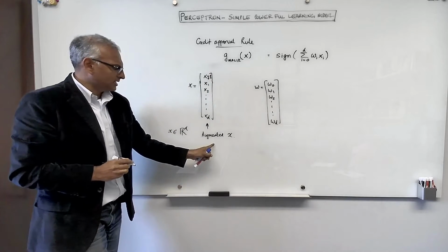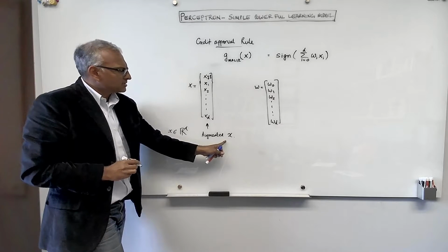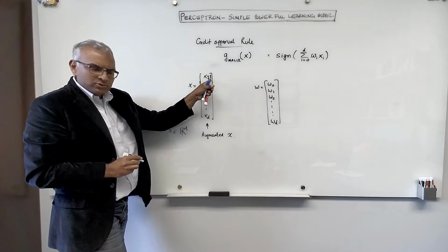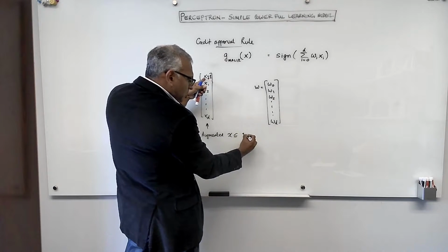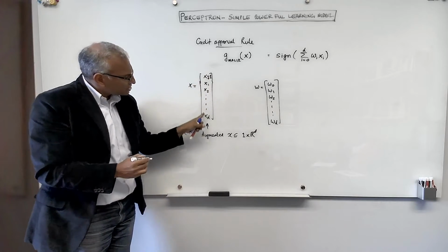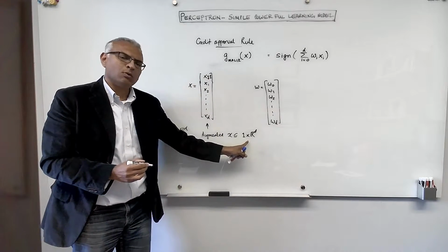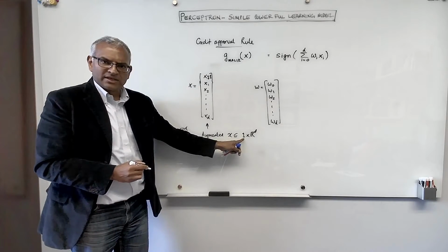Whereas the original x was in R to the d, the augmented x has a component which is 1. So this is in the space which is 1 cross R to the d. It's got a 1, and then the rest of it is in R to the d. This is one way of telling you that the augmented x always has a 1 in it.